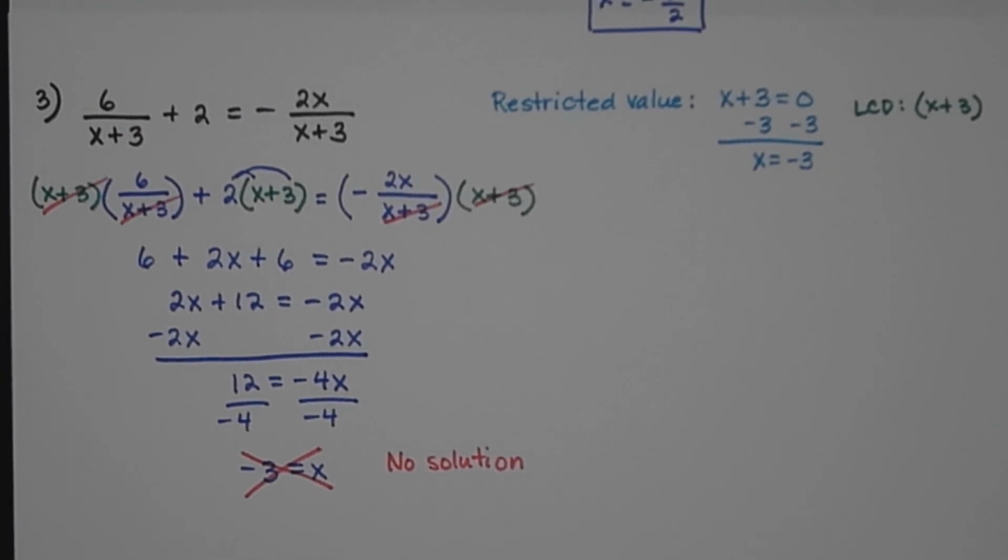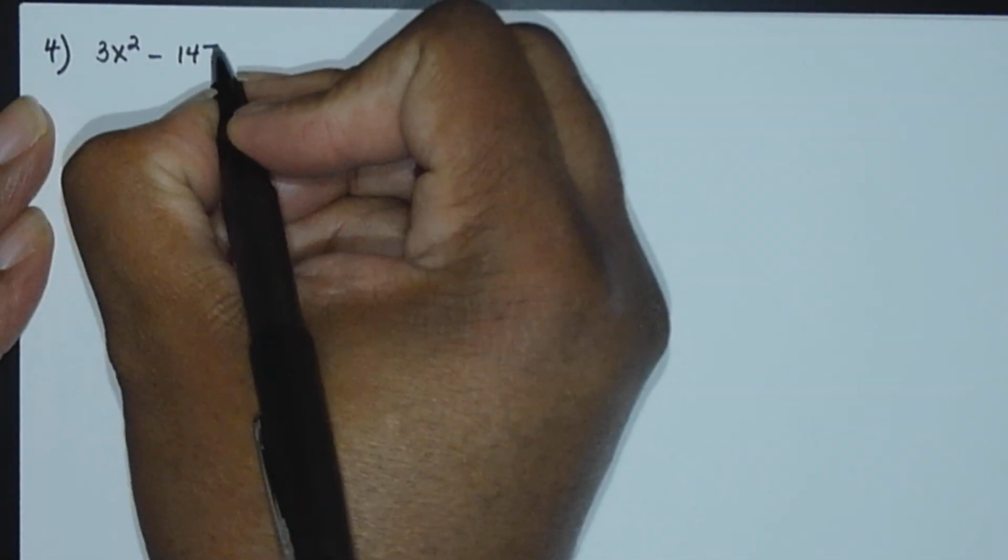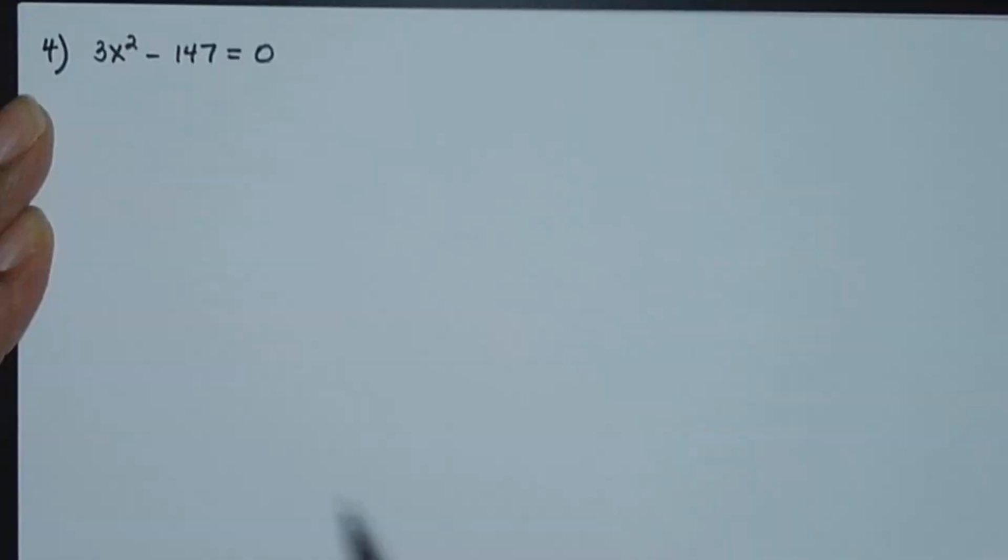Okay, number 4 deals with a quadratic equation. And in this case, we got 3x squared minus 147 equal to 0.